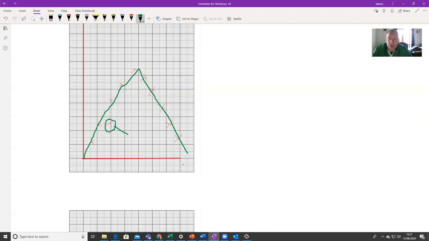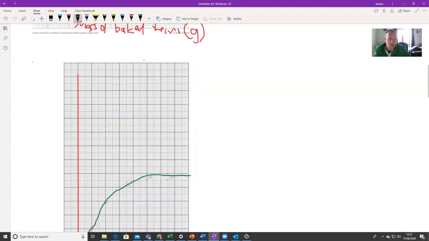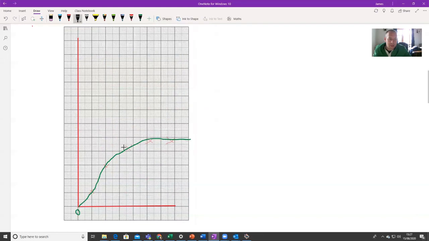Generally, if you are trying to draw a curve, draw it freehand. If you are going to draw a straight line, use a ruler. You've got to decide which is the best one according to the data. Now, if I go back up to this one, if I try to draw a straight line for this, so I'm going to do this in black and do it in this way.